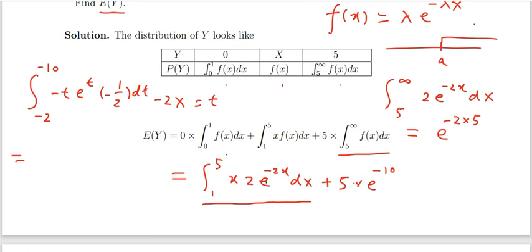Should it be negative 10 too? Anyway, here it should be negative 10 to negative 2, then half t e to the t dt.